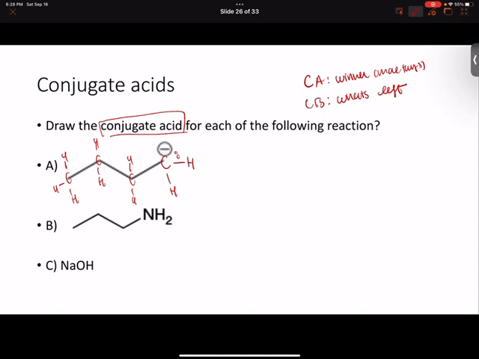For example, this one has 4 bonds, this one has 4 bonds, it has 4 bonds. So the only one that can really interact and get a proton is this one down here. So we're just gonna grab a proton and we're gonna protonate it. So our conjugate acid for that molecule would just be this.